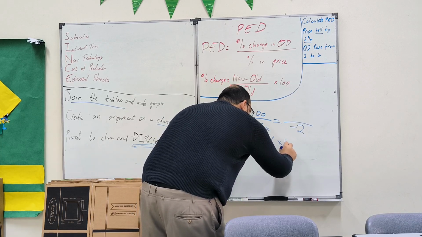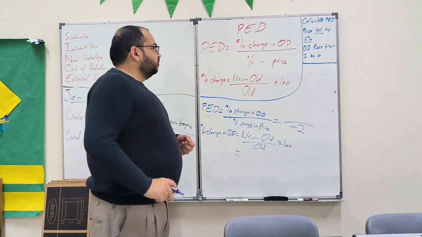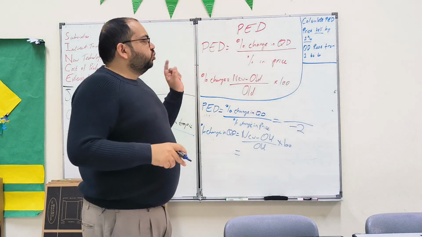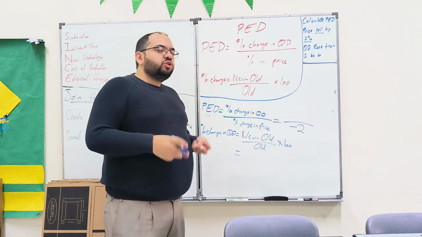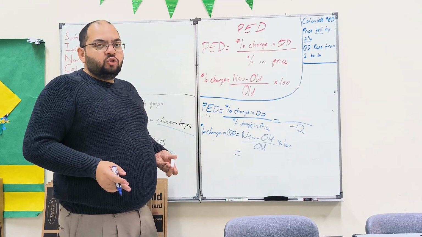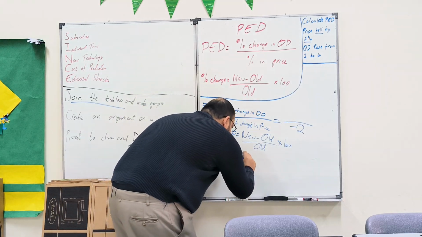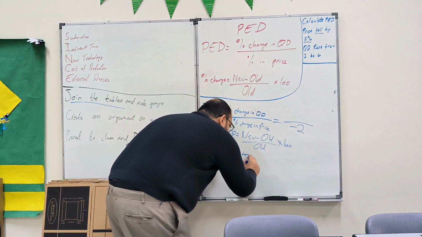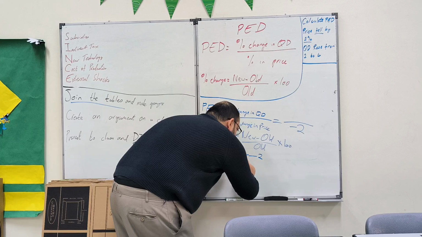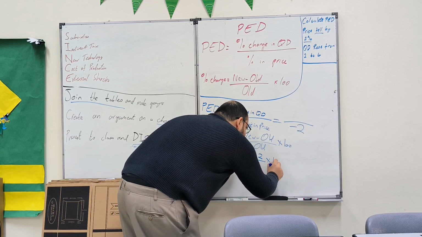Remember, it's a percentage, so you times it by 100. So what are the numbers? Okay, so it rose from 2 to 4. So the new number is 4 because initially it was 2. So it went from 2 to 4. So the new number is 4. You minus it by the old number, which is 2. And you divide it by 2 times by 100.